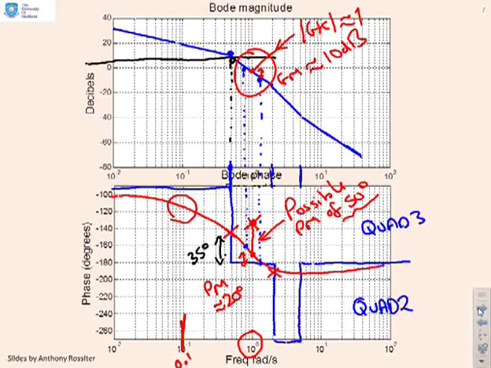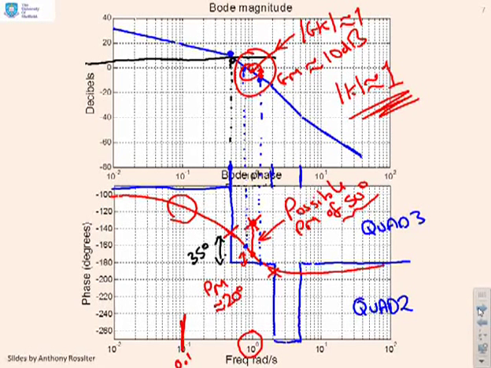Alright? So if this phase lead is at the gain crossover frequency, then you could get a phase margin of about 50 degrees. Now you'll notice that the gain plot already is very close to 0 decibels at this frequency. So what you're really saying is you want the modulus of K to be approximately 1 at this frequency, and you will get a phase margin of about 50 degrees.